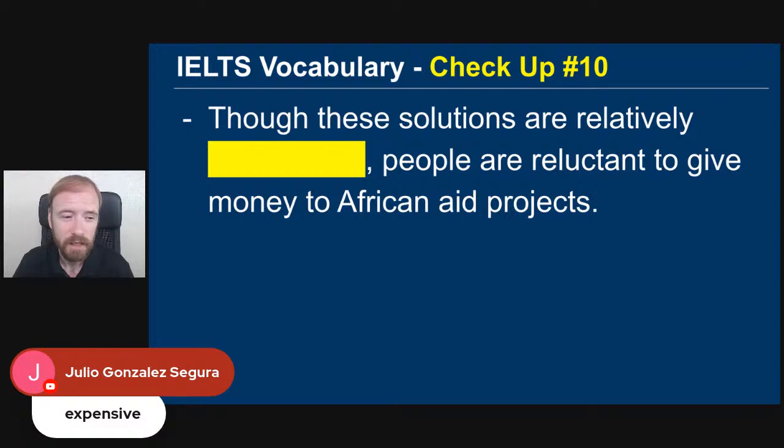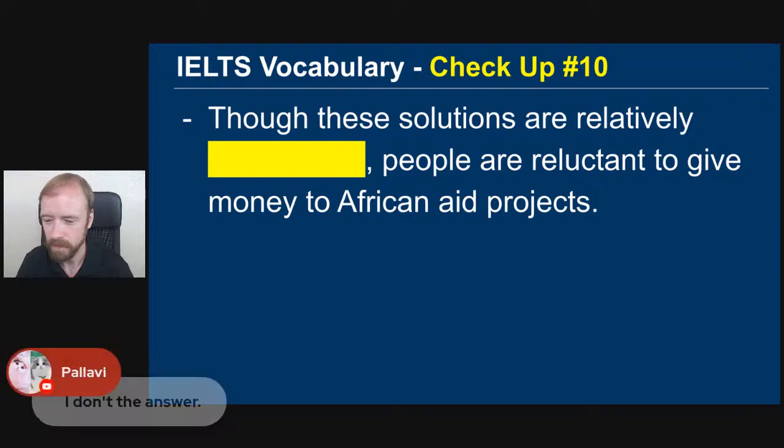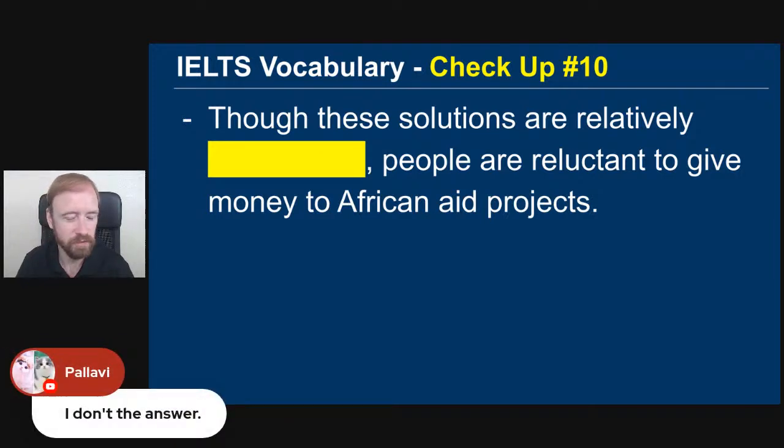Hmm. Grammatically, expensive works, but you really have to know what the sentence is saying, especially with the though. So, because of exorbitant, no. Pallavi came late, so I'm not going to reteach the lesson.